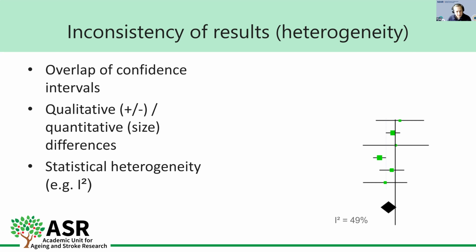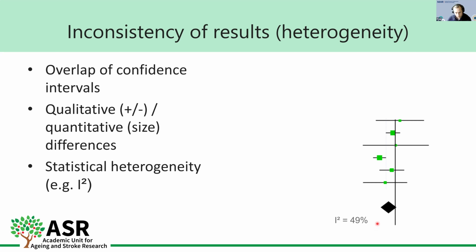And you can also use those statistical measures. For this forest plot, for this meta-analysis, the I-squared was 49%. That would tend to tell us that there was probably substantial heterogeneity.